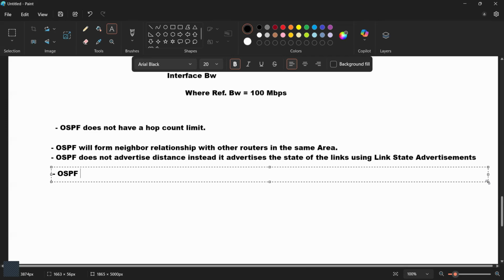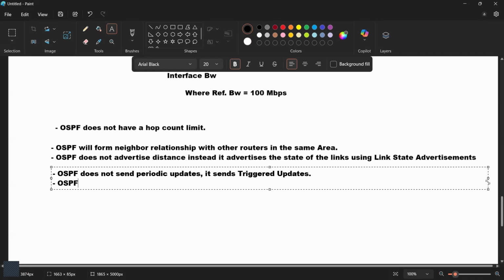OSPF does not send periodic updates. It sends triggered updates. OSPF includes only the change in the updates.